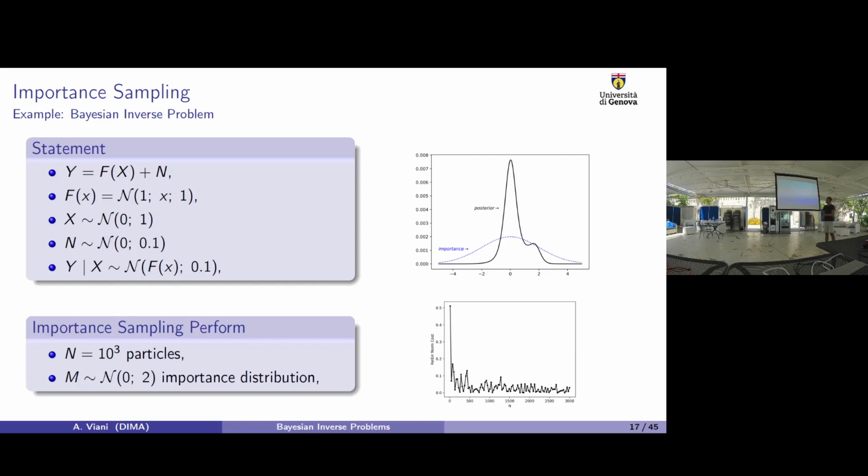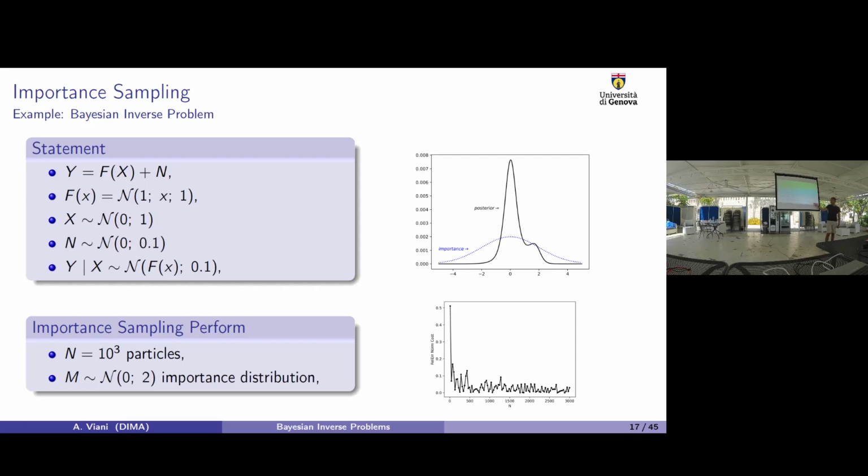And here we see how the approximation of the normalizing constant works depending on the number of samples. So here we see the relative error for the normalizing constant and the number of samples.